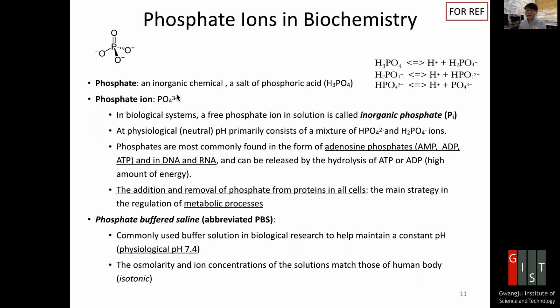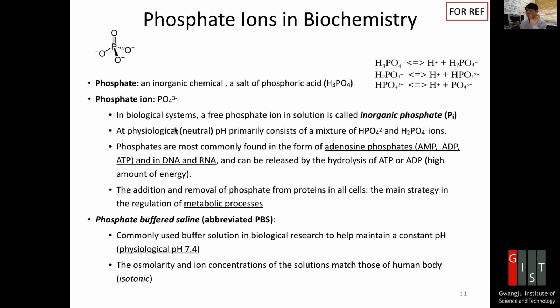Phosphate is an inorganic chemical and a salt of phosphoric acid, H3PO4, which can be decomposed as H+ and H2PO4-, then H+ and HPO4 2-, and then H+ and PO4 3-. This phosphate ion in a biological system is a free phosphate ion. We call it inorganic phosphate, and denote it as Pi.